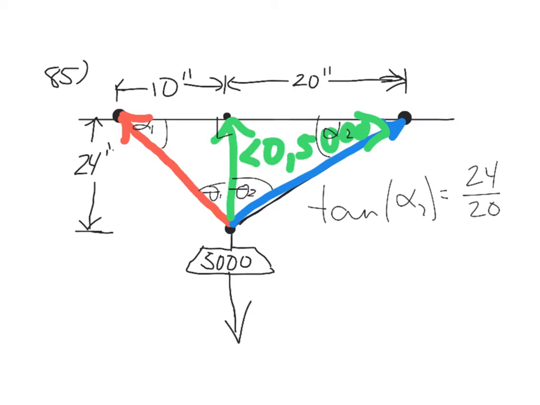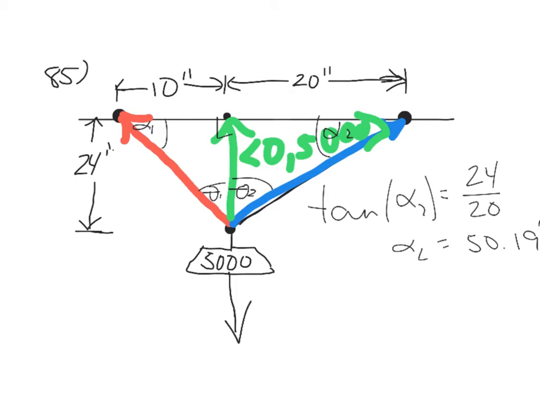And when I do that, I need to get my calculator out, the inverse tangent of 24 over 20 is 24 divided by 20 equals, and so alpha 2 equals 50.19 degrees.